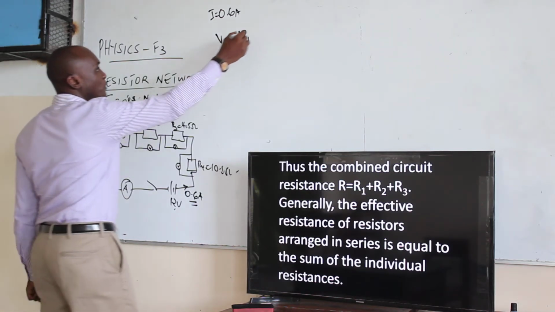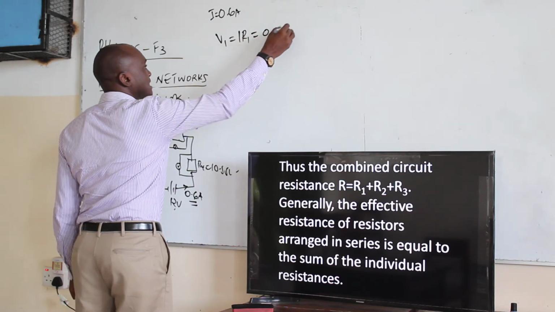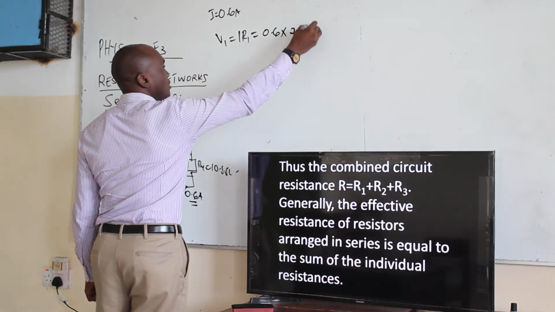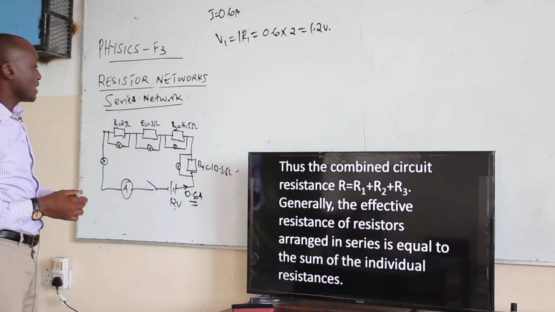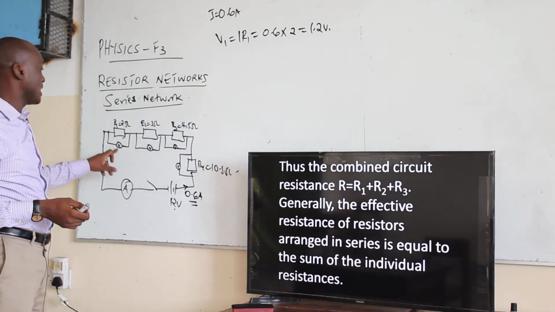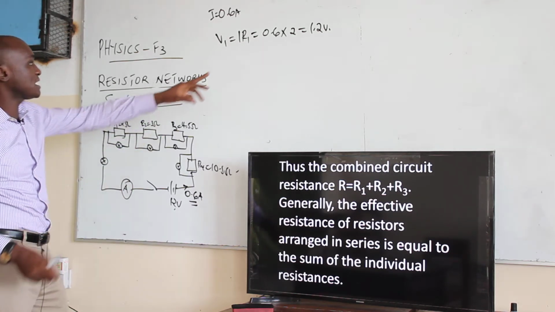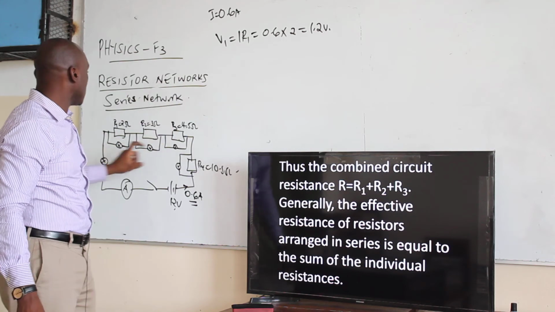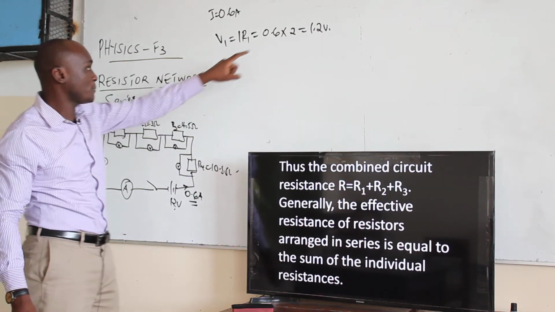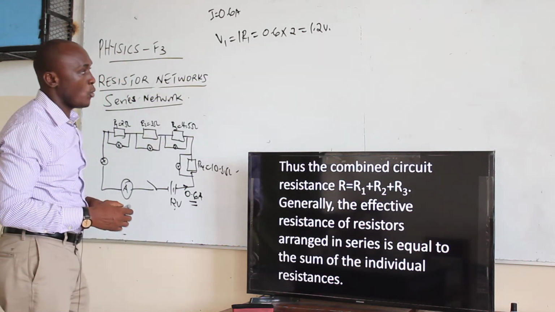So this is going to be 0.6 times 2, which gives us 1.2 V. 1.2 V is the voltage drop across R1.